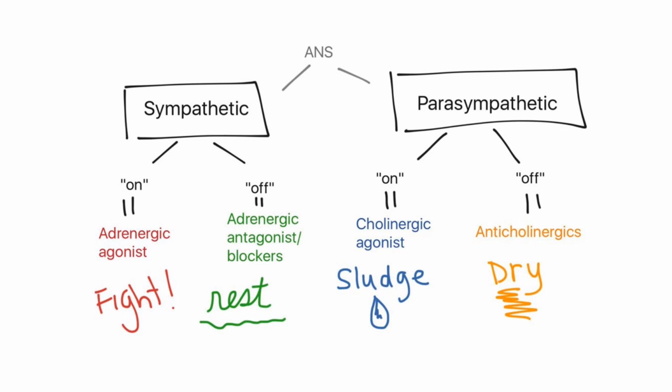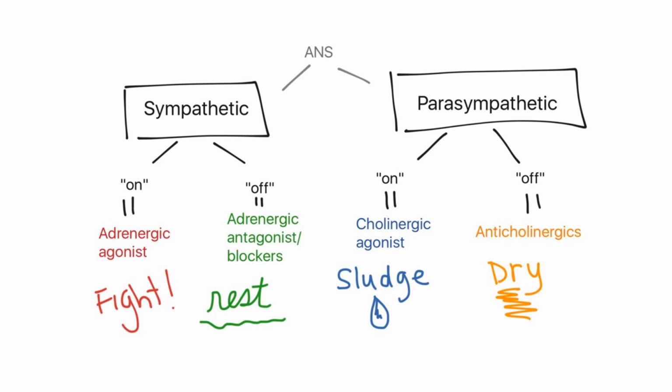So adrenergic agonists turn the system on. The only weird one in this group are the alpha-2 adrenergic agonists. Okay, so that's clonidine and methyldopa that stimulates the brainstem, the alpha-2 receptors, and down-regulates, turns off norepinephrine secretion to the body.